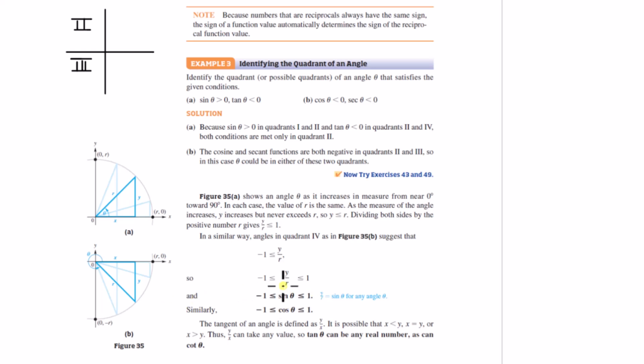All right, now what about secant and cosecant, the ranges and the domains? With secant and cosecant, secant is the reciprocal of cosine. Well, let's start with sine. Cosecant is the reciprocal of sine, so that's going to be not y divided by r, but r divided by y.